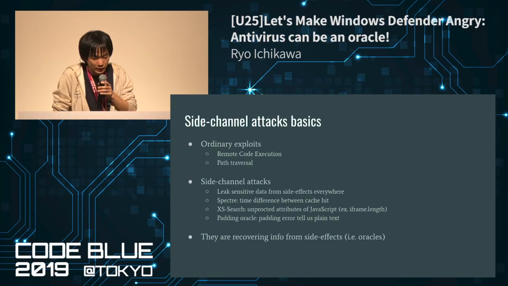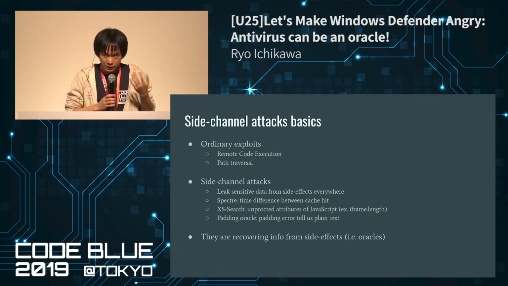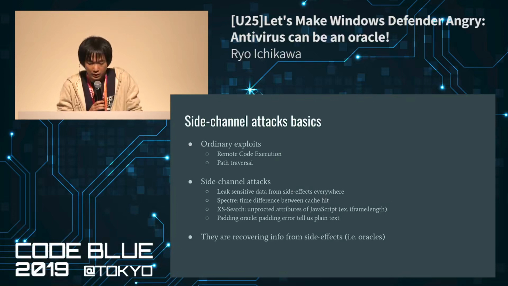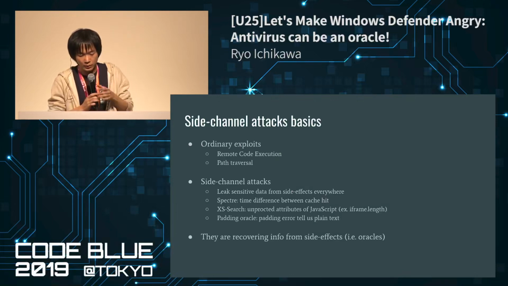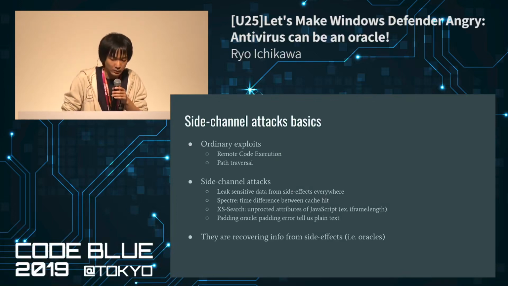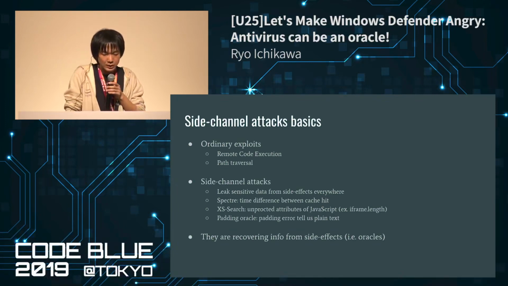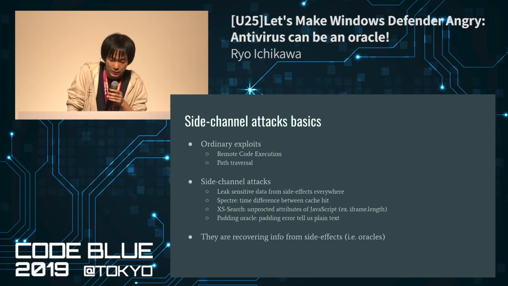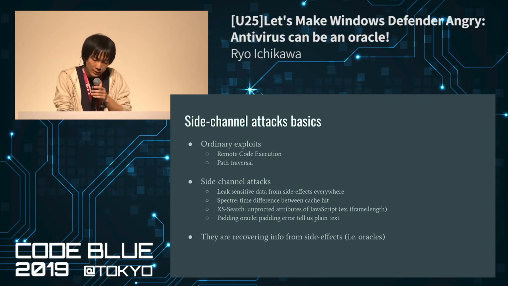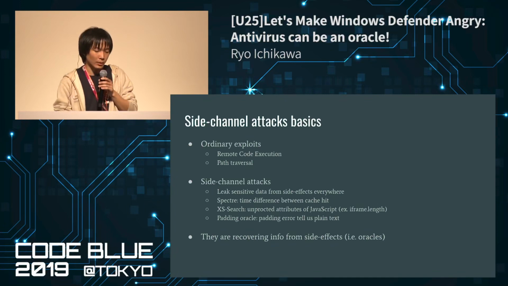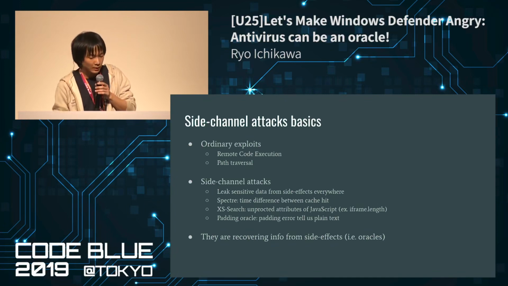Spectre uses cache timing, and there is no permission checking for others when out-of-order execution is performed. Also, cross-site search uses unprotected attributes of JavaScript, and padding oracle is in the crypto context: a padding error tells plaintext. So basically, they're recovering information from side effects.